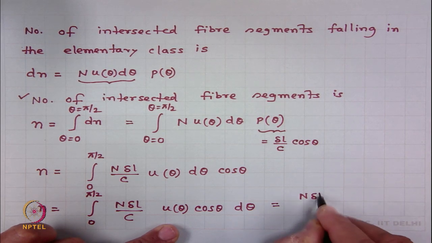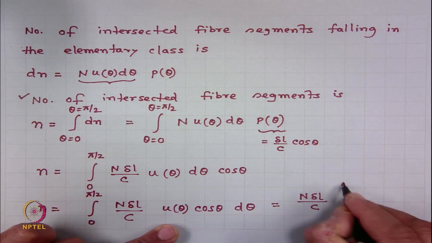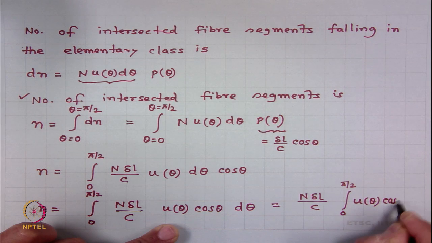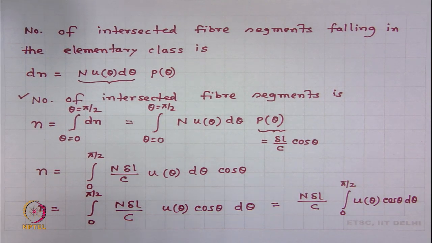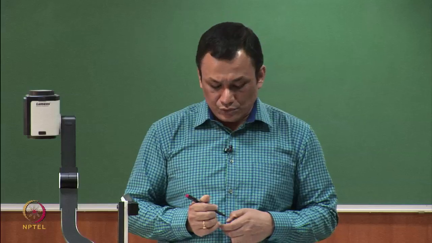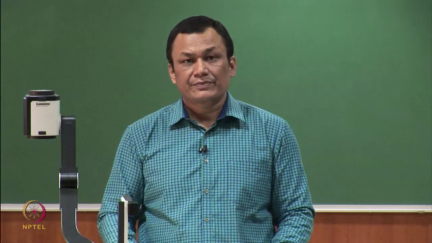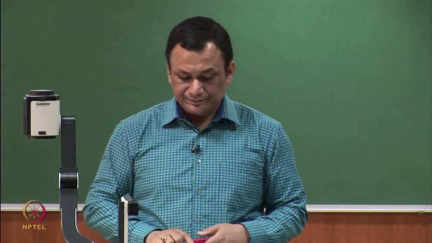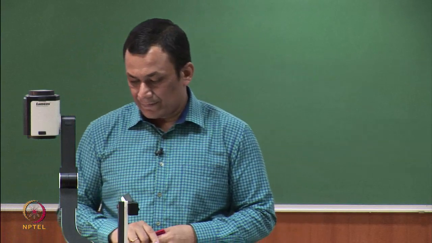So, if you solve this integral, then you will be able to know the total number of intersected fiber segments present in the prism.